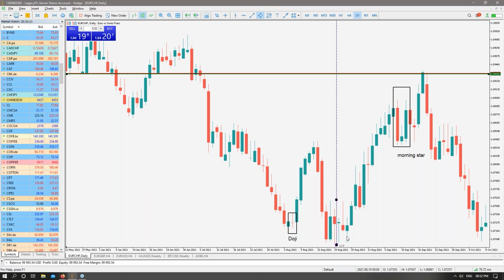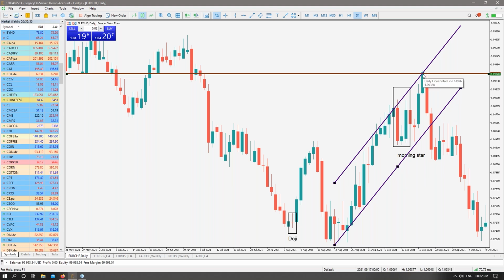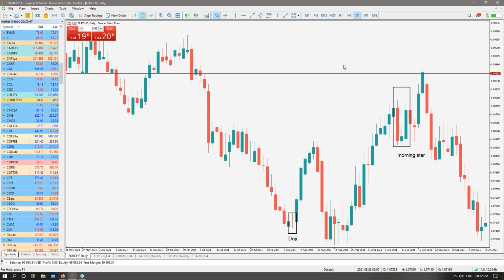If there was a channel here, for instance, just quick and dirty, it didn't complete it and didn't close outside of it. But here, you can see that it closed on the resistance underneath this line, and there you have the confirmation of another entry point, and you already had the confirmation earlier of a pattern that there's already a push potentially for a sell.